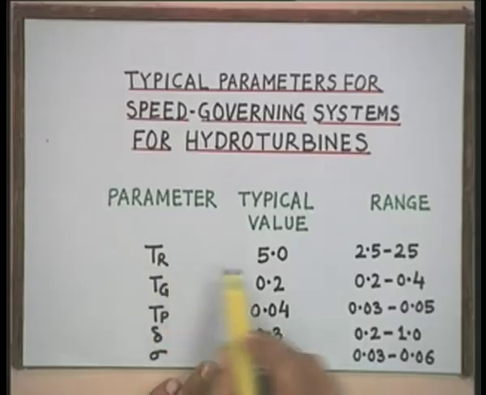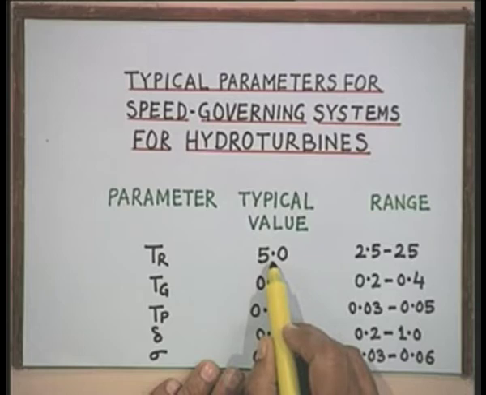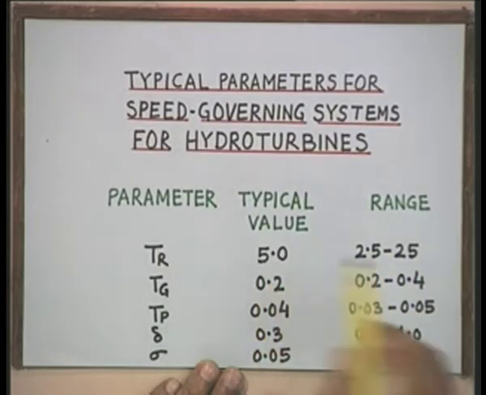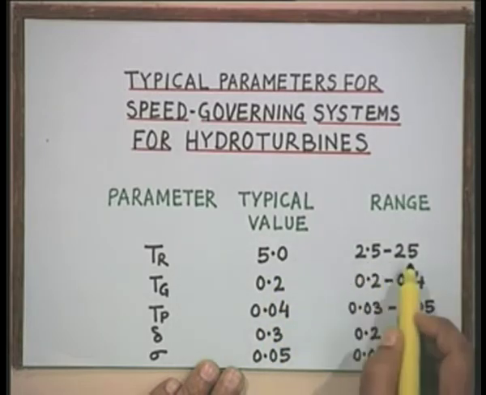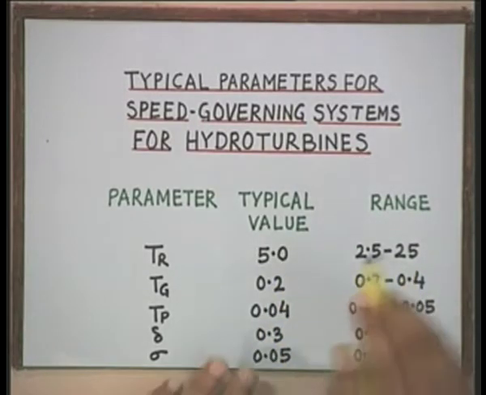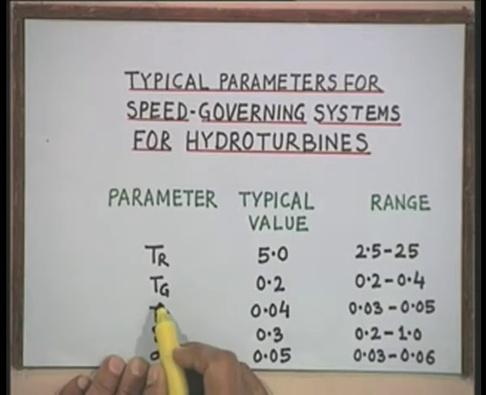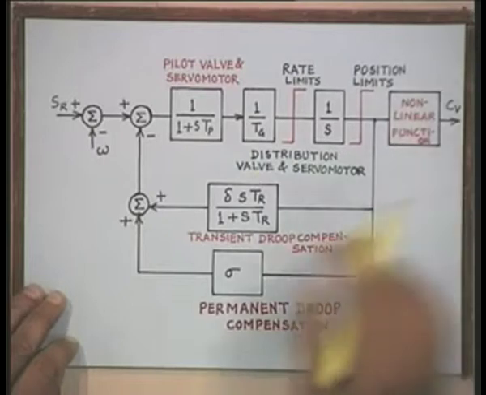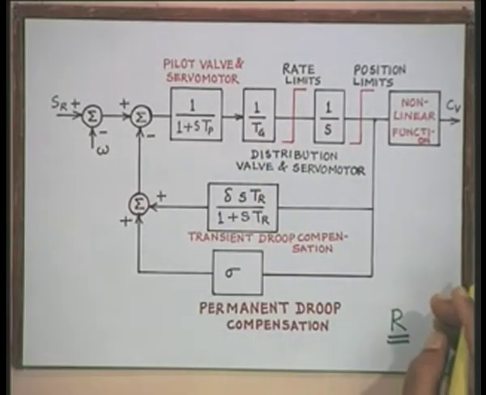The typical parameters of this hydro governor are as follows. TR is 5 seconds. It ranges from 2.5 to 25, a wide range. TG is the time constant of the distributor valve and servo motor.